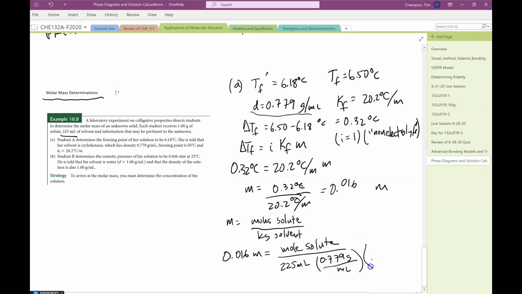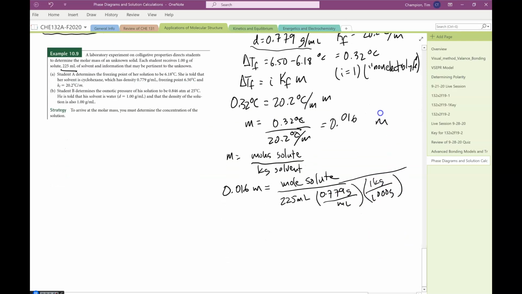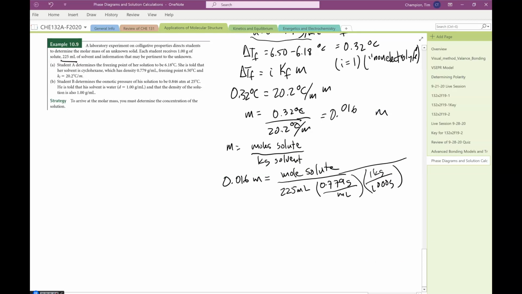Then I'm going to have to multiply by 1 kilogram over 1,000 grams to get it in kilograms. If I do that, 225 times 0.779, it's probably around 180, so 0.18 is about what I'm guessing here. Let's just see what we get.